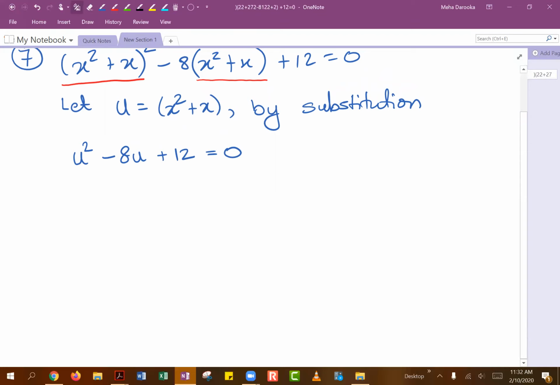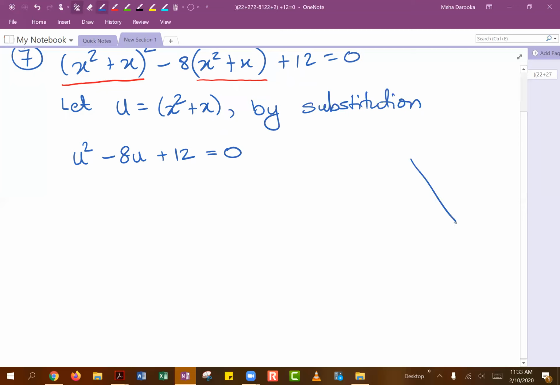So at this point, you again have the option of using factoring, completing the square, the quadratic formula, any of those methods. If the square root property works, you can use any of those methods to solve this. Again, I prefer factoring because factoring to me seems the quickest way to go about it. If you're not comfortable with factoring, you can try the quadratic formula. So if we needed to use factoring, are there any two numbers that multiply to give us 12 but add up to give us negative 8?